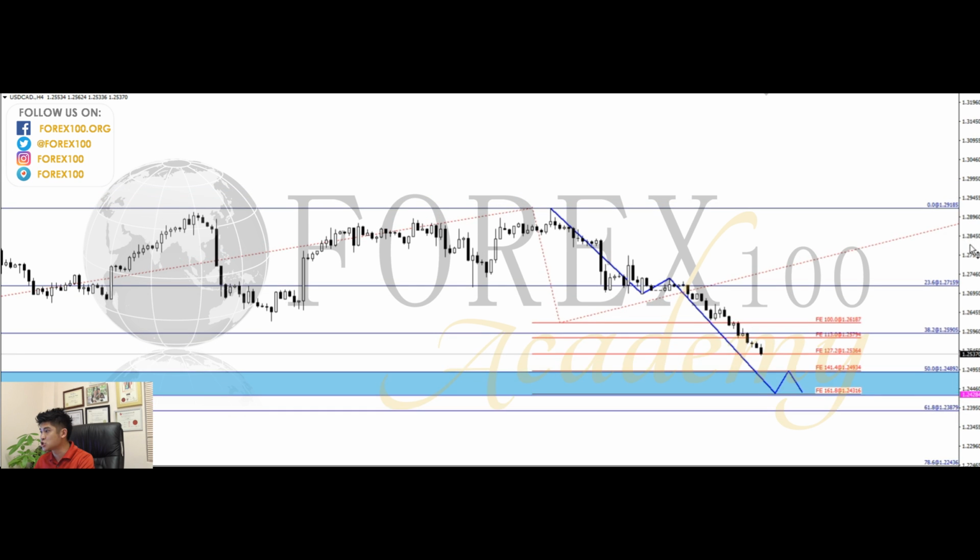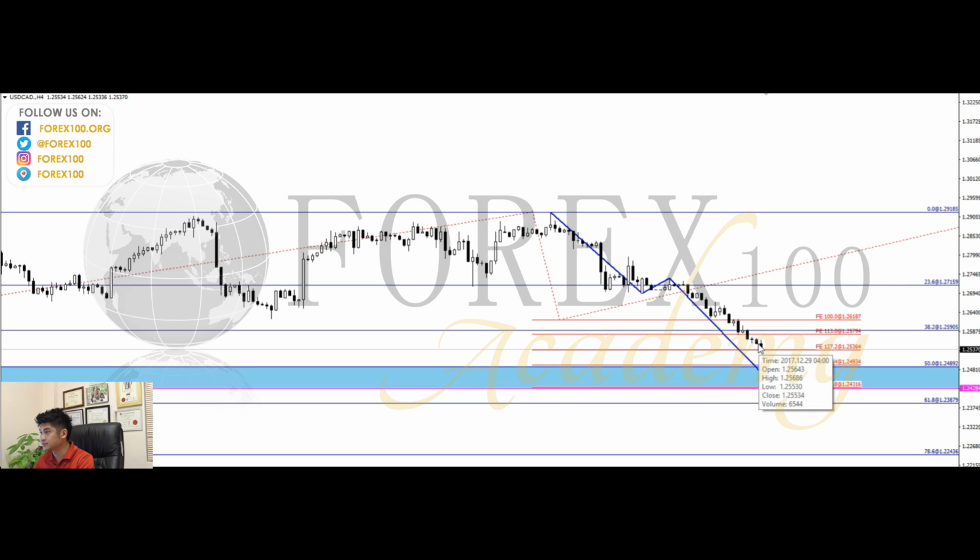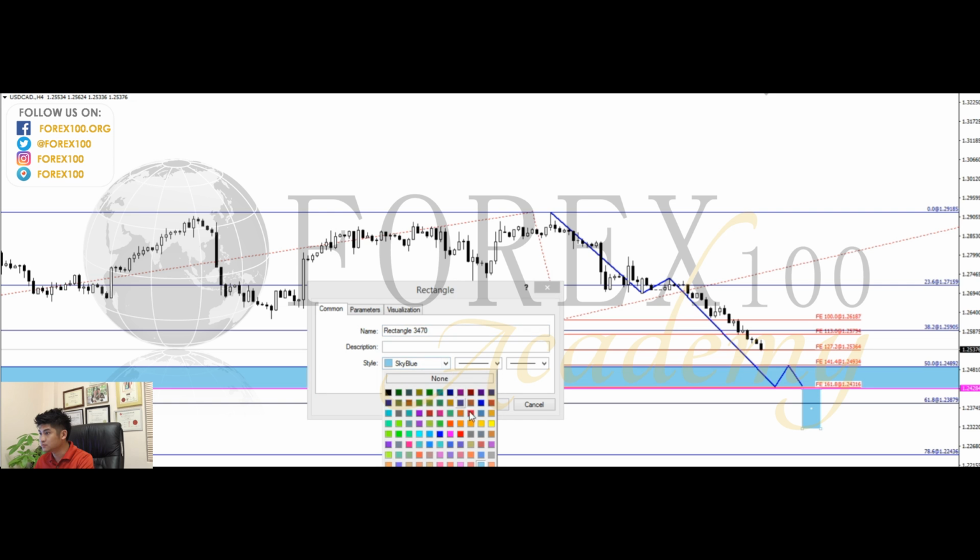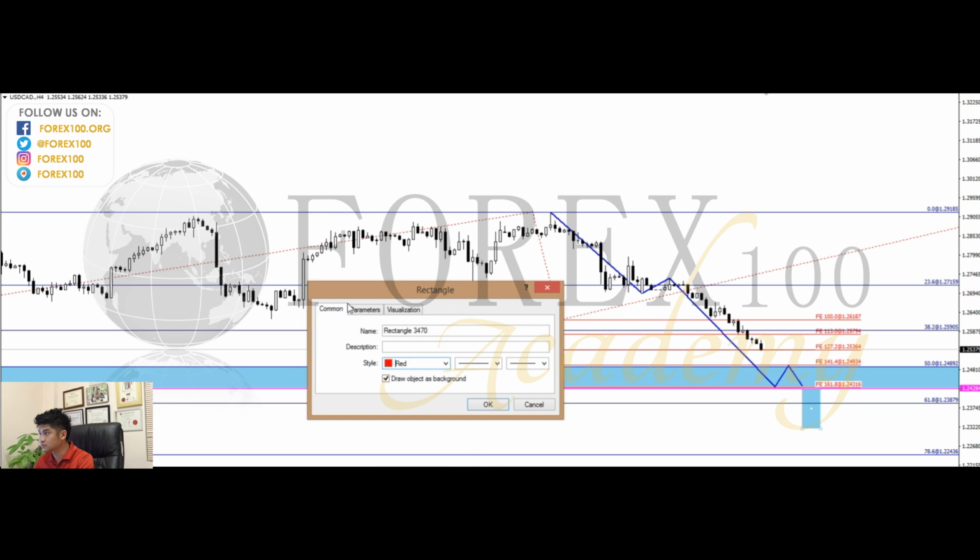So where does my initial stop loss go? Okay, I'm placing it 25 pips below the low of this price. So let me just box it out for you. That will be 1.2405.